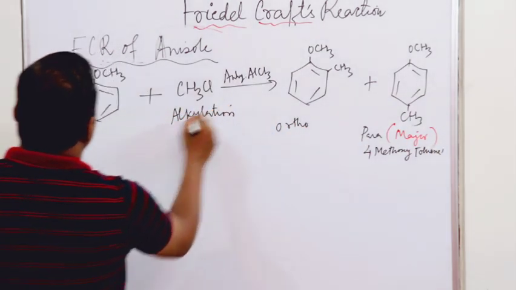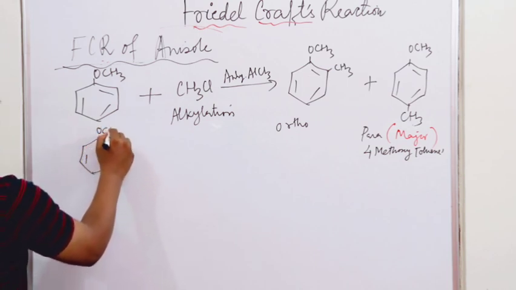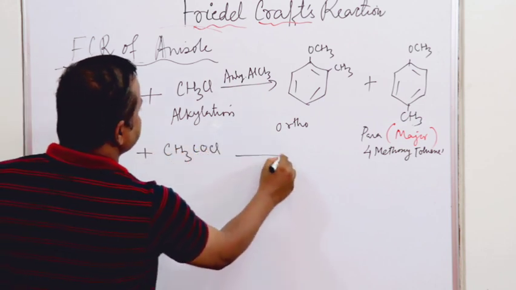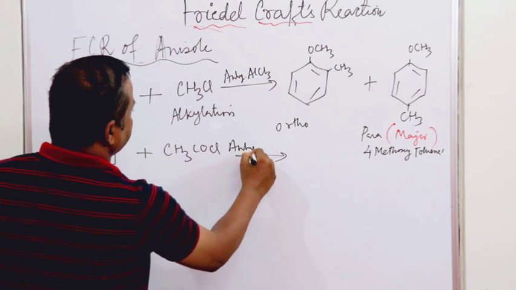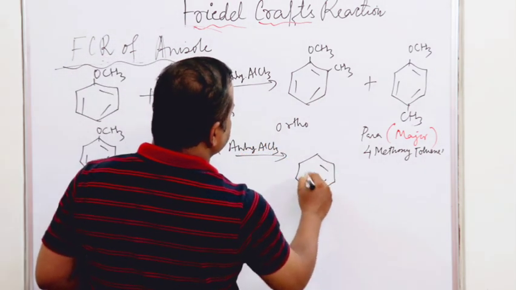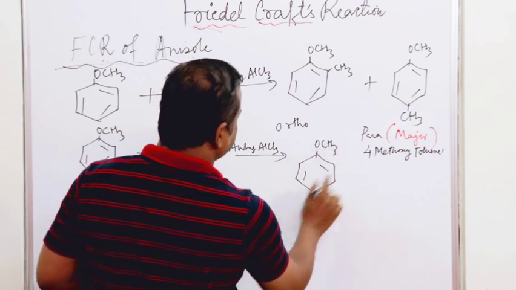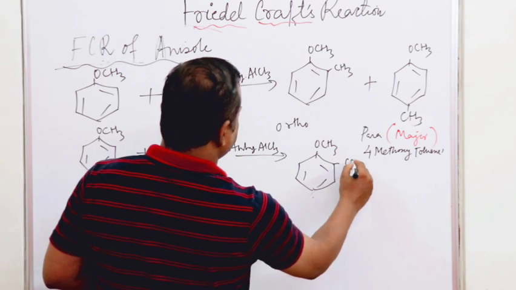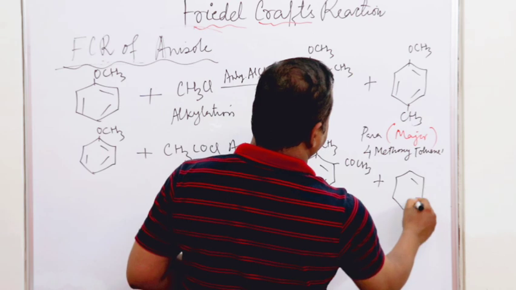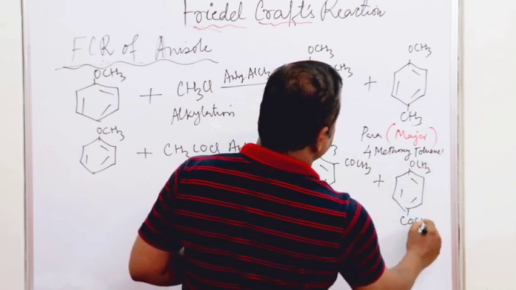Now suppose if you want to carry out acylation of this reaction, we will take the acetyl group CH3COCl, same catalyst, anhydrous AlCl3. Again we will get a mixture of two products, that is OCH3 and COCH3 plus OCH3 and here COCH3.